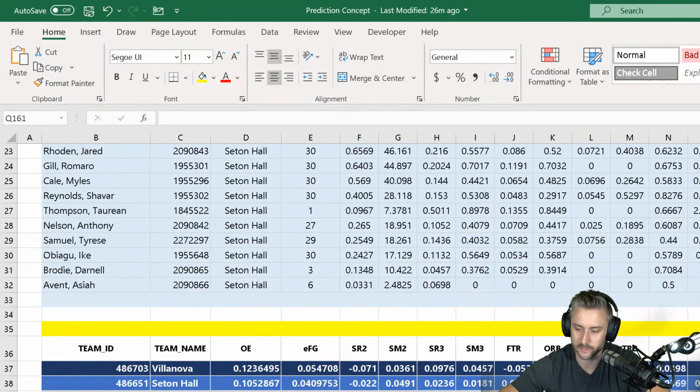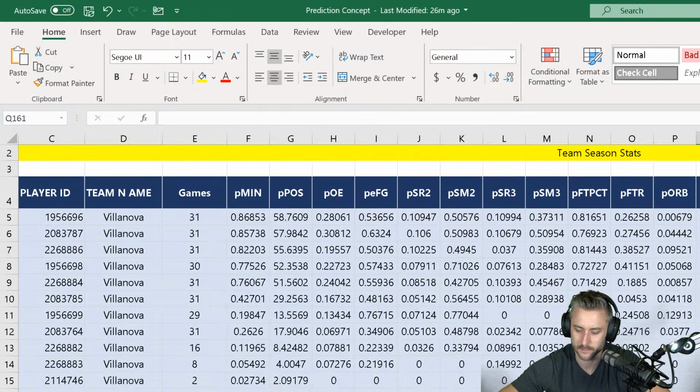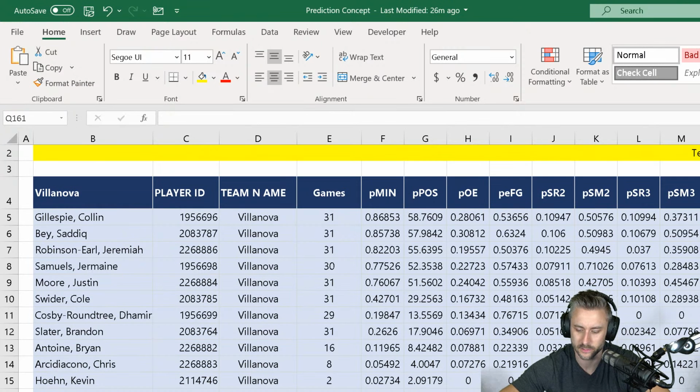So here is this. Let me scroll up and zoom in. Let me see if I can fit this all on one page. Kind of. Anyway, here I have the rosters for both teams and every team's season adjusted stats, right?